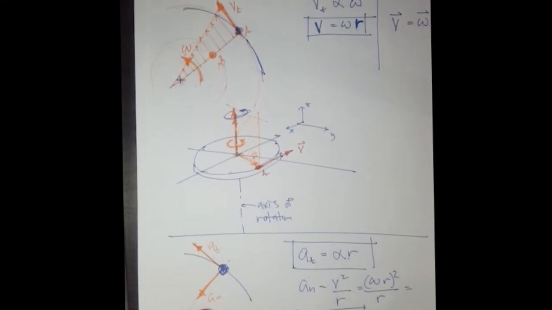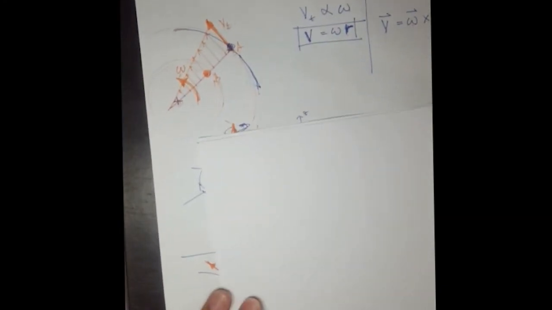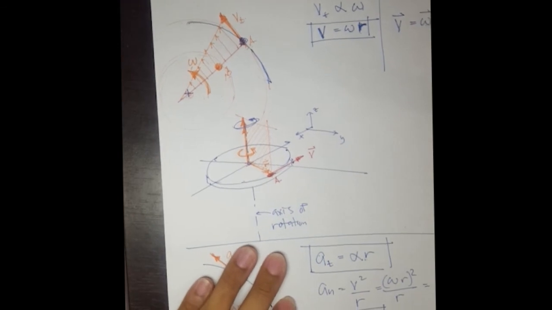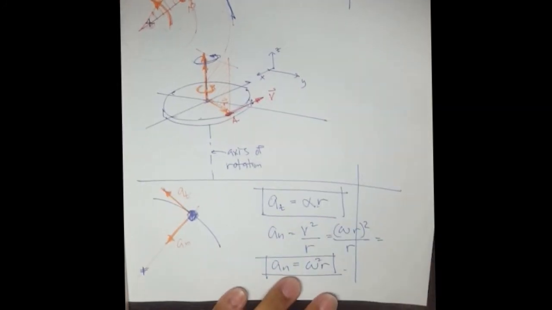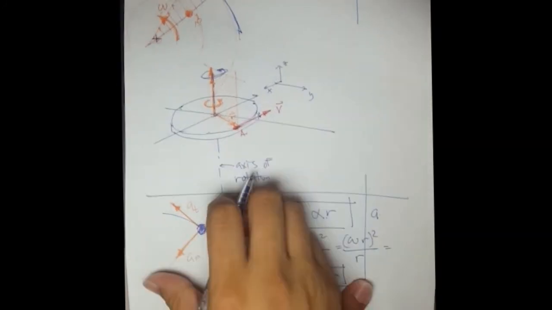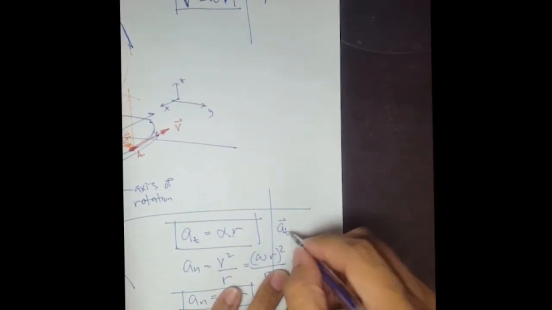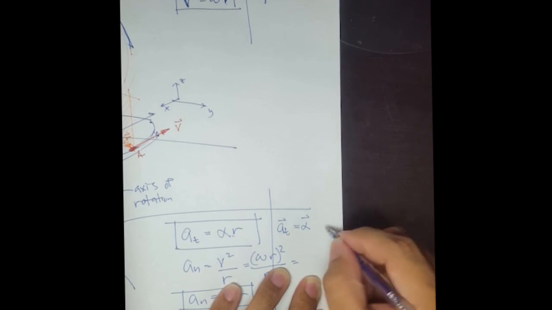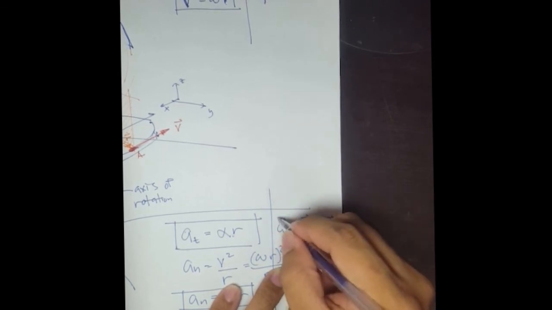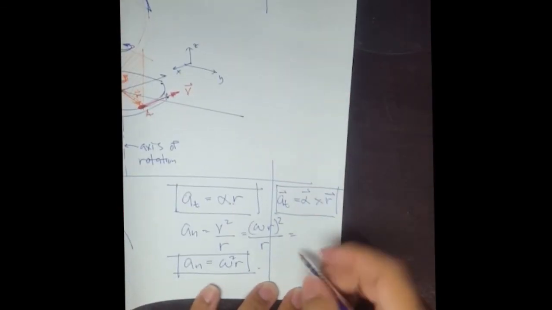Okay, so we can also write this in terms of vectors, so we'll use another sheet of paper. The acceleration vector in the tangential coordinate is equal to the cross product of r. Let's box this one.